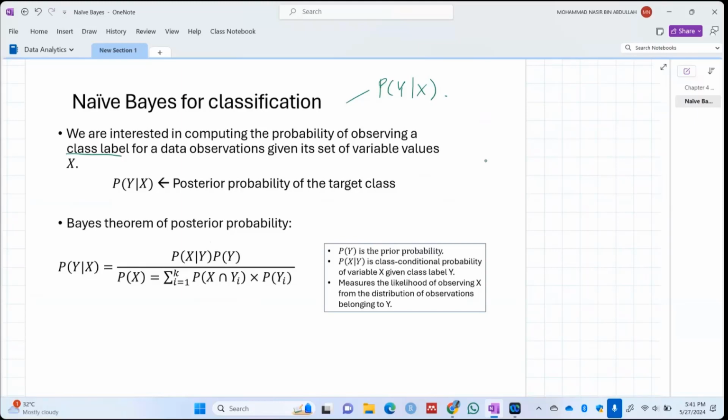So this is what we call the posterior probability or the target class. Again, this is the posterior probability. This is the class conditional. This is the marginal probability.